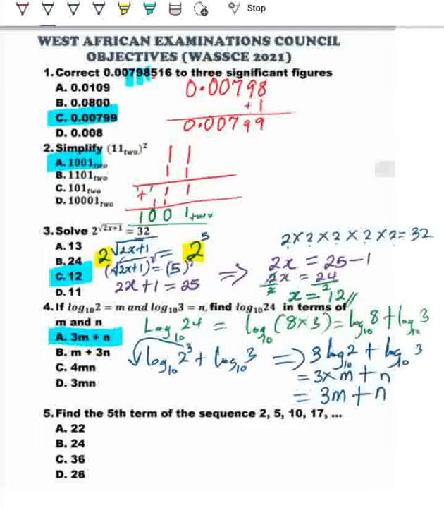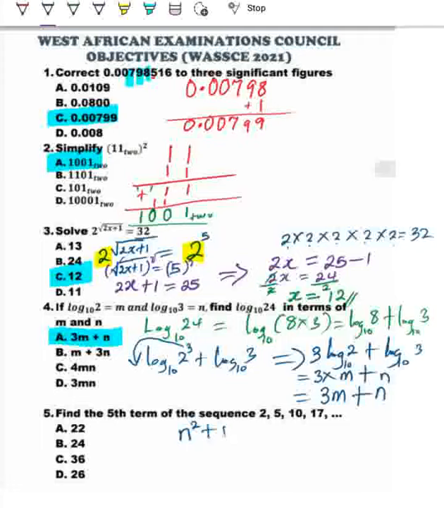Now, the last question we are going to resolve for this session is to find the fifth term of the sequence 2, 5, 10, 17. If you check this sequence carefully, you will notice that the formula connecting all this is n squared plus 1, where n is the number of terms.